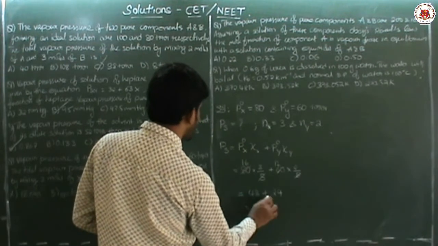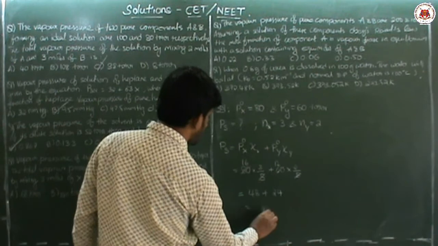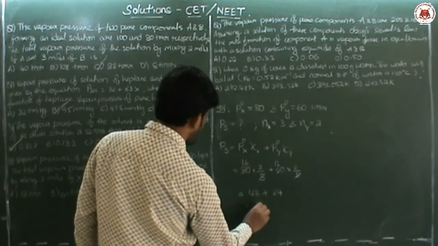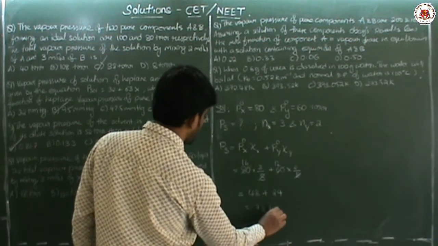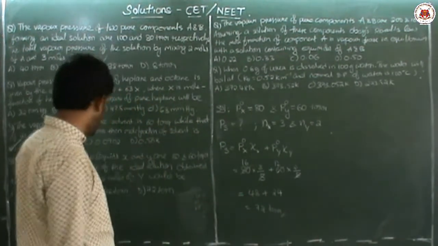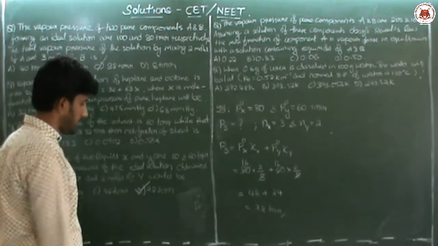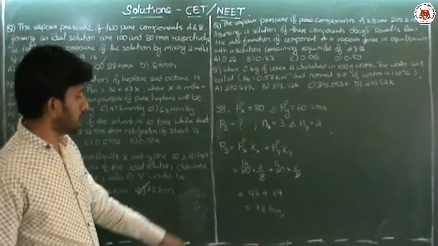Now that means this is 48, this is 24, which is 72 torr. The total pressure is 72 torr. So the answer is option D, 72 torr.